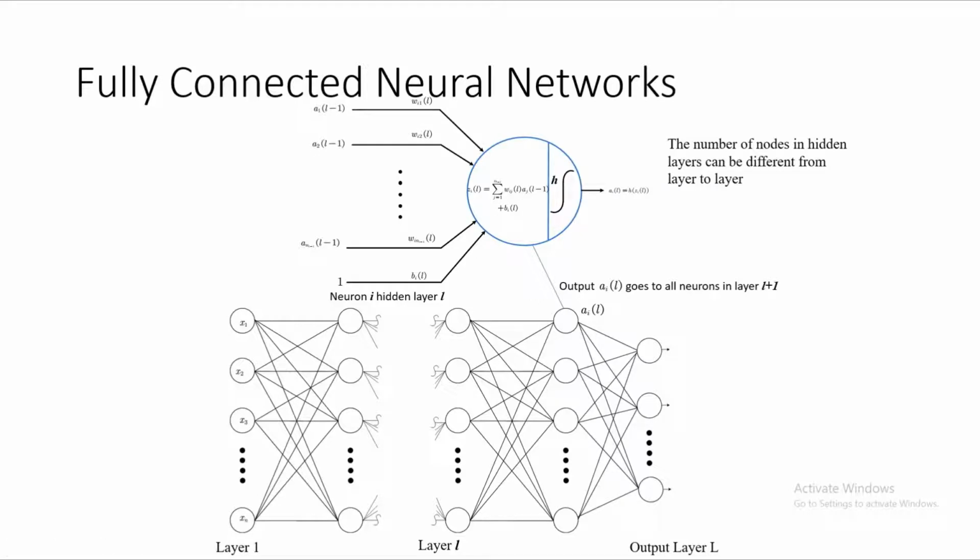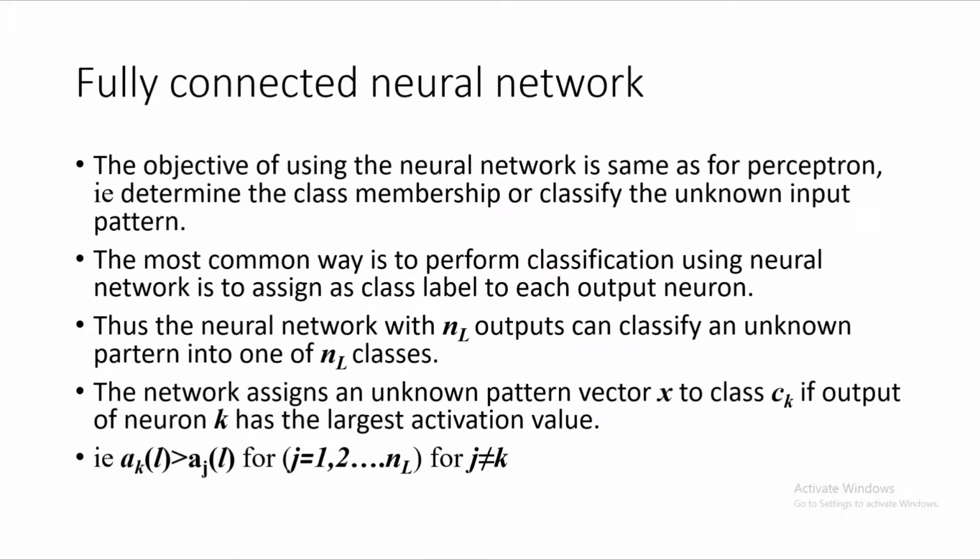As we have seen, the objective of using a neural network is the same as a perceptron, that is, we determine the class membership or classify the unknown input patterns.